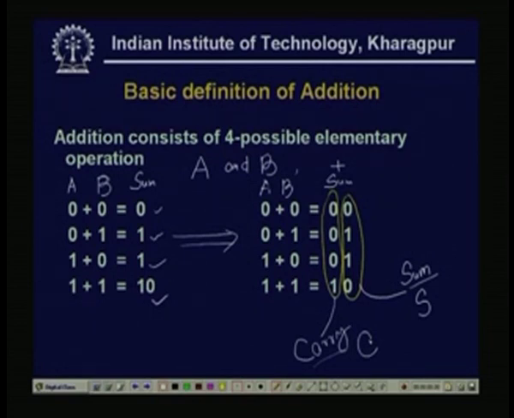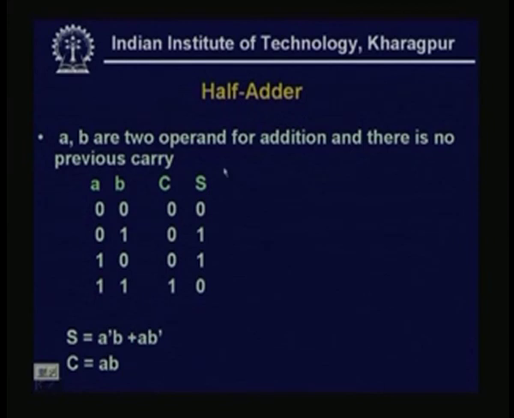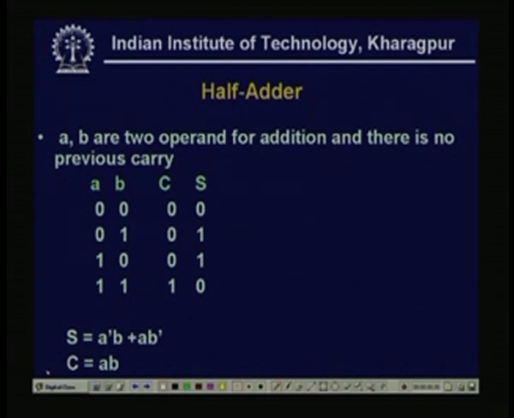Given this problem of addition, now how can we write my adder? I am considering one half adder, and the half adder we define as follows: there are 2 operands for addition and there is no previous carry, that means only 2 values are added, and the operation we have already defined.